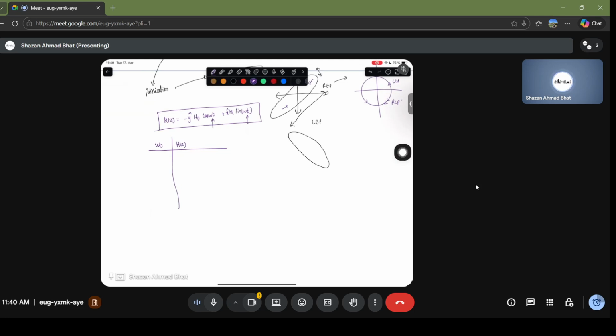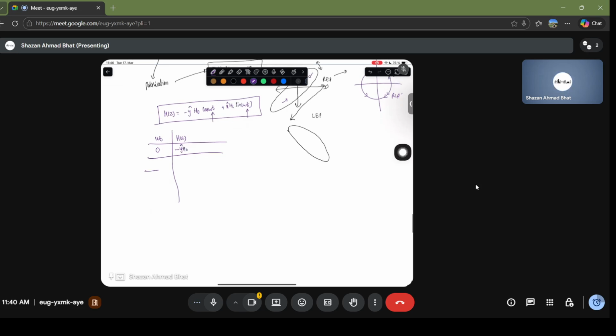For omega t equal to 0, you get h of z to be minus y cap h naught. For omega t to be pi by 2, you get x cap h1. For omega t to be minus pi by 2, you get minus x cap h1. For omega t to be pi, you get y cap h naught.